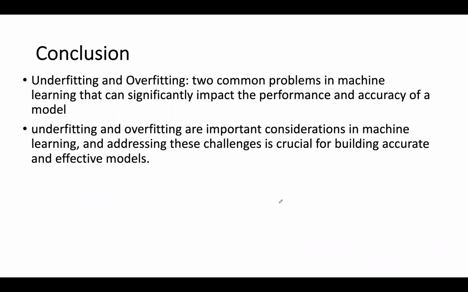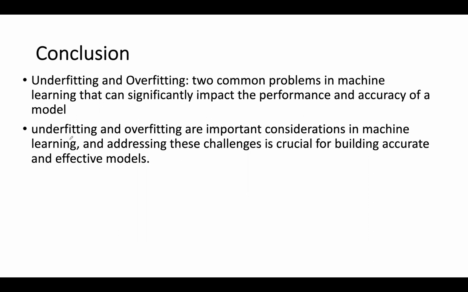So in conclusion, underfitting and overfitting are some of the common challenges in machine learning that can significantly impact the performance and accuracy of your model. Underfitting is when the model is too simple to capture the underlying patterns in your data.